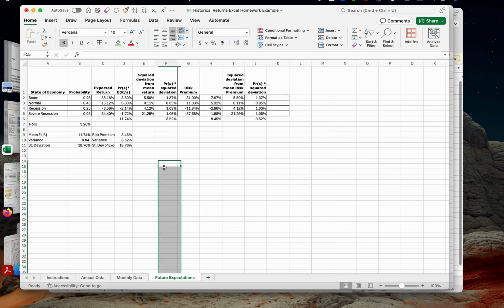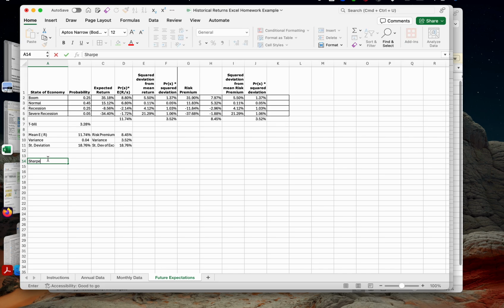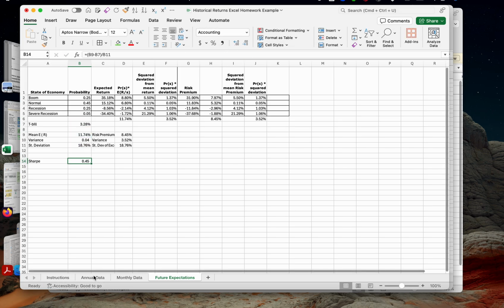Now, why are you doing this? Using this mean and standard deviation, you can again calculate the Sharpe ratio. So the Sharpe ratio of the mean of these returns should be very similar to what we calculated before, and it is 0.45.